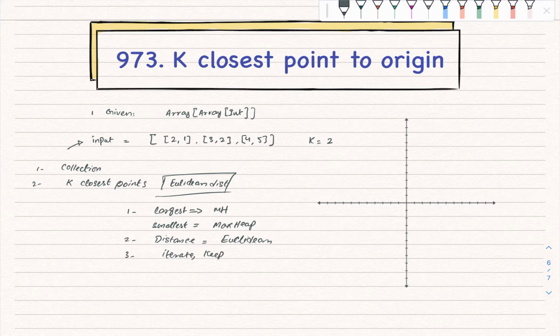We will iterate and keep only k elements. Now, first we will go through what Euclidean distance is to give a complete understanding. This is the origin, which is at point 0, 0.